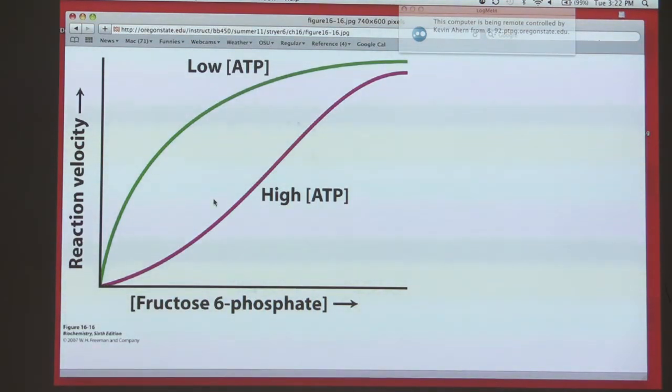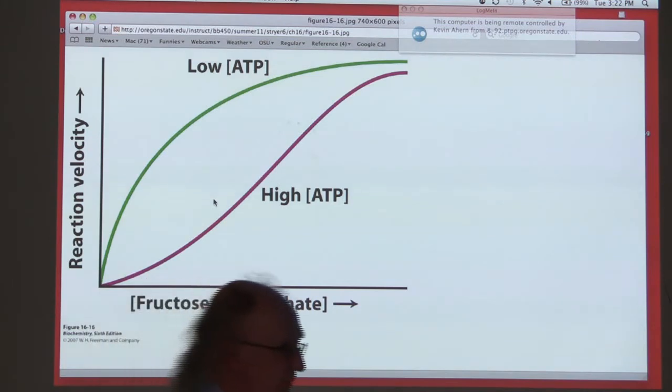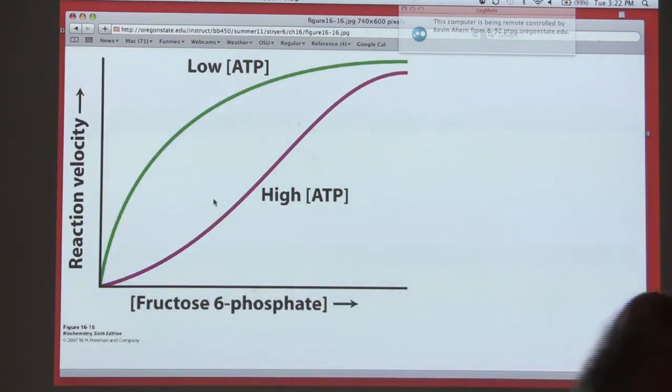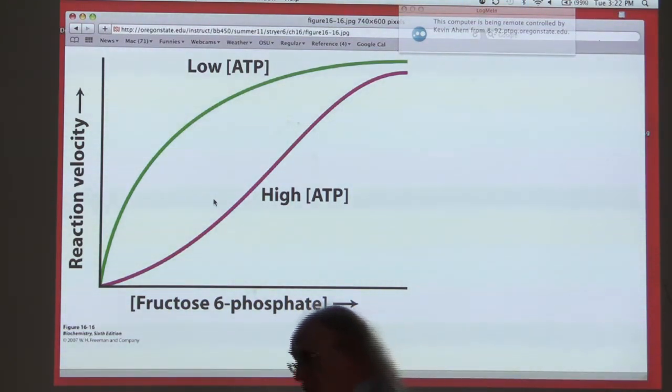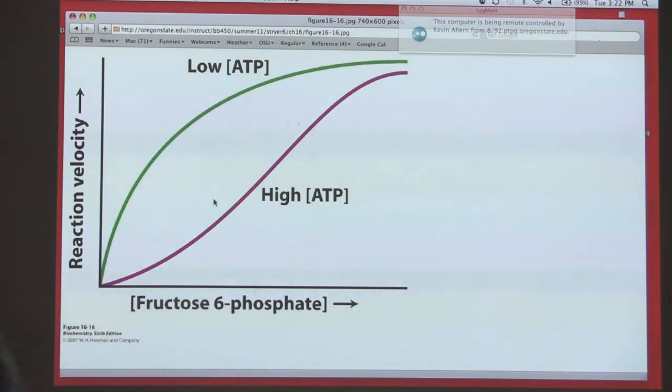There are 3 enzymes in glycolysis that are important for regulating the pathway. They are hexokinase, which catalyzes the first reaction, and it's the one I won't say very much about at all. The second enzyme that's important for regulating the pathway catalyzes the third reaction. It's phosphofructokinase, and as I probably said before, that is the most important regulatory enzyme for the entire pathway.